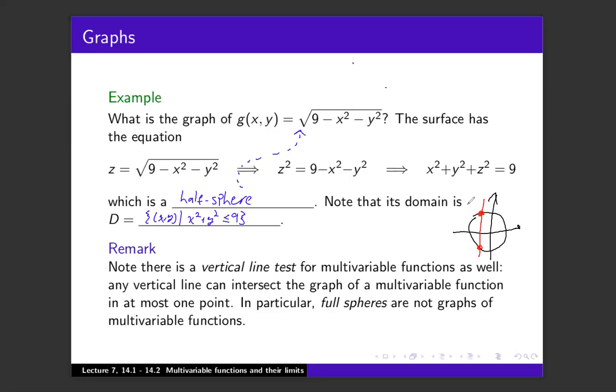So it fails the vertical line test. Spheres also fail the vertical line test, and in the very simple sphere, because it can only return one point. You can only have one point along a vertical line that goes to the graph.